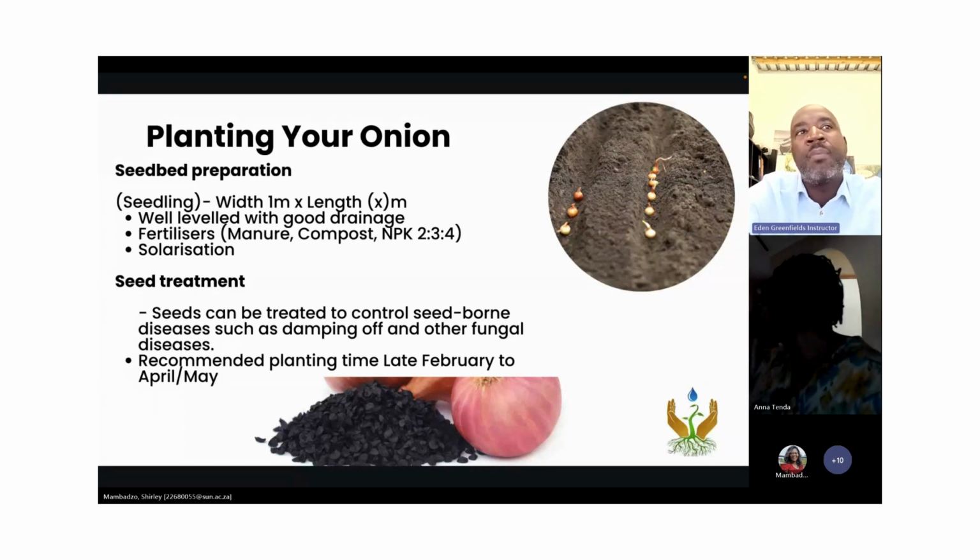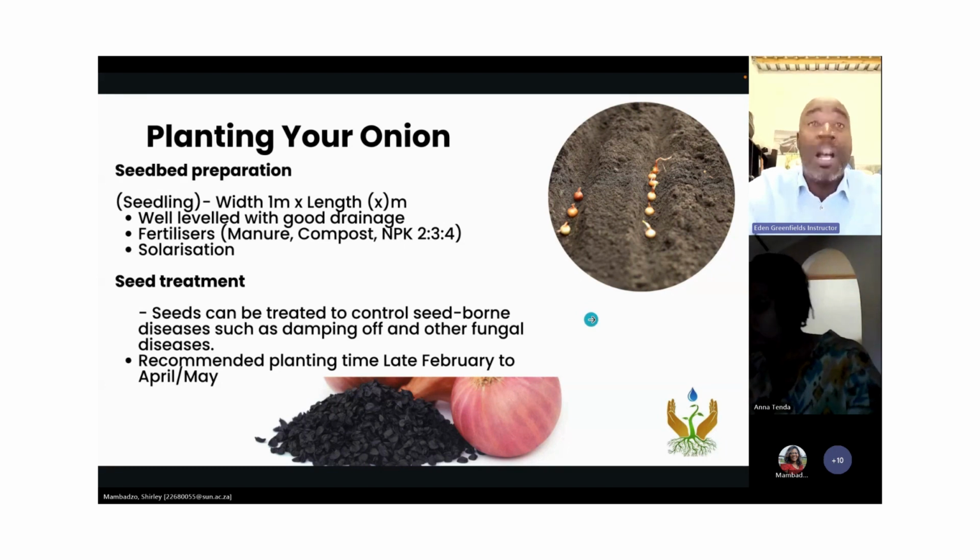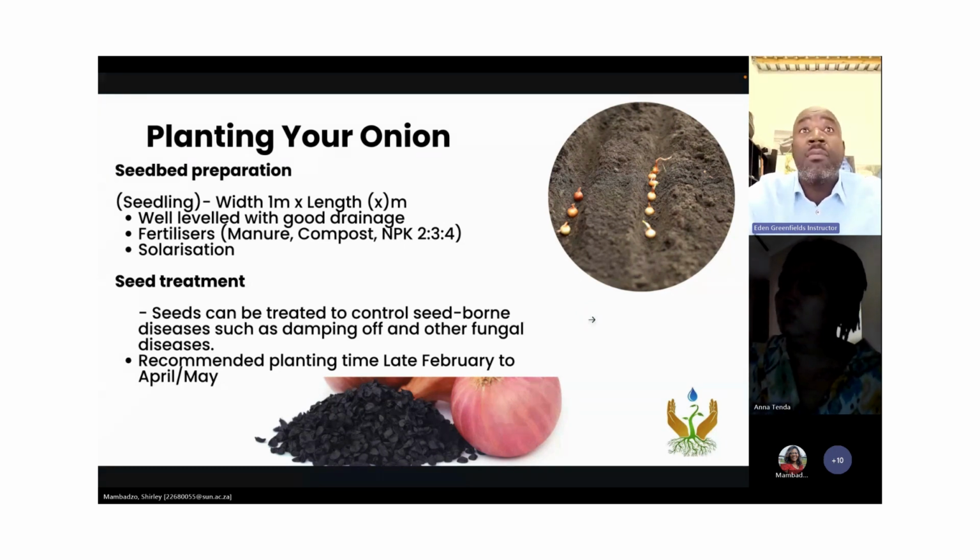The days that our onion plants are going to take in order to be ready for harvest can take between 3 months up to 8 months, depending on the variety. The red burgundy, we said it can take about 90 to 110 days. So those are early maturity varieties. But most of our onions take from 6 months until 8 months.